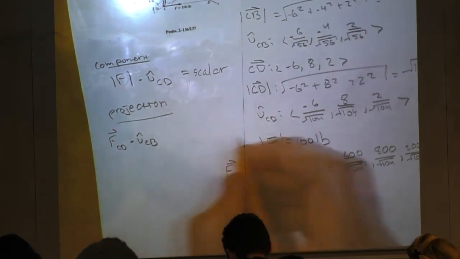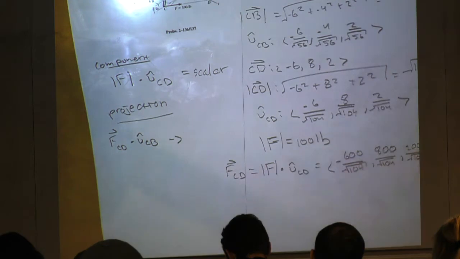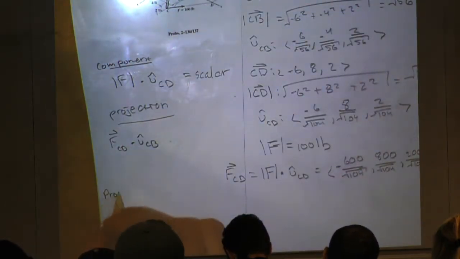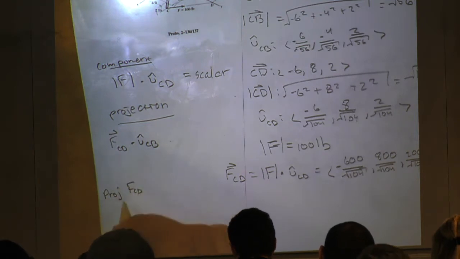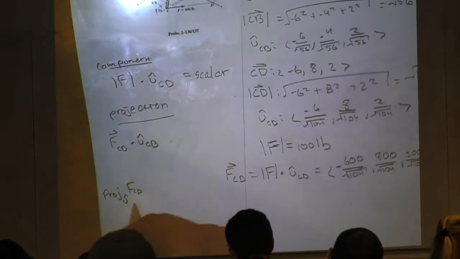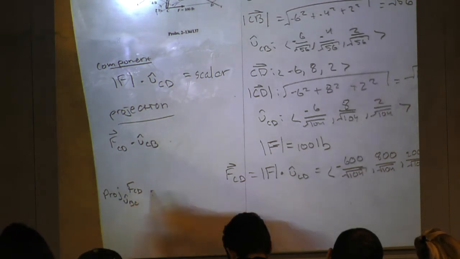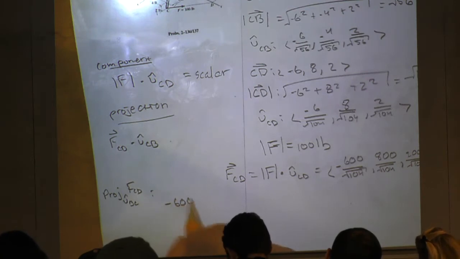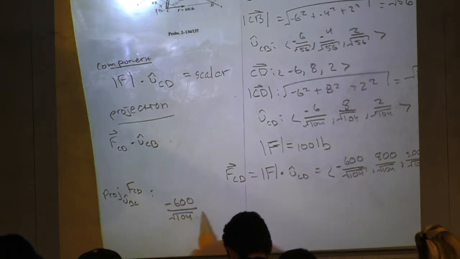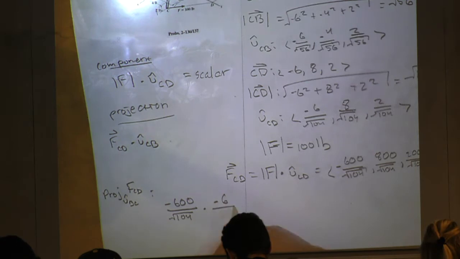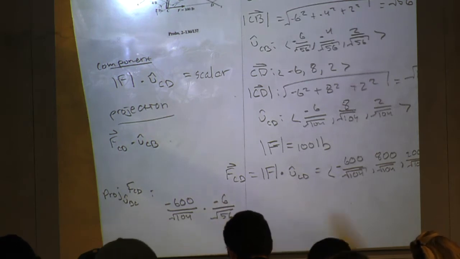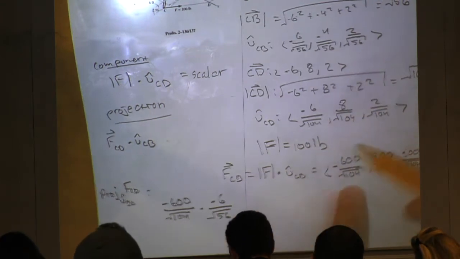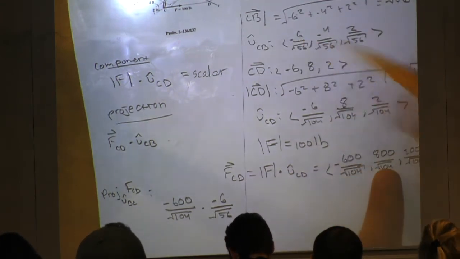And then here I'm going to have, so let's do that down here. I'm going to say the projection of force CD on the unit vector BC is, and then I'll write it out for you guys. So negative 600 over root 104 times negative 6 over 56, right? So this times this, and then this times this, and so on.